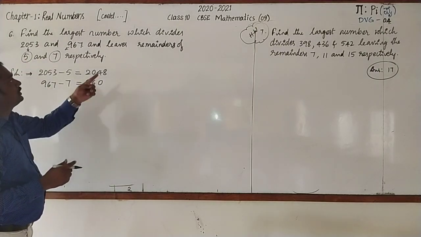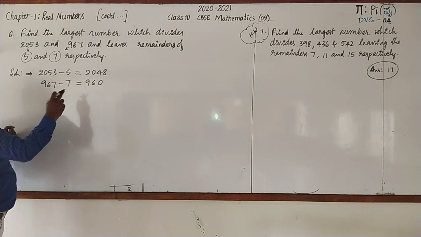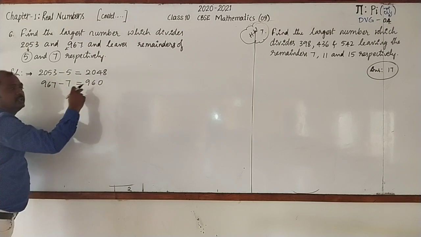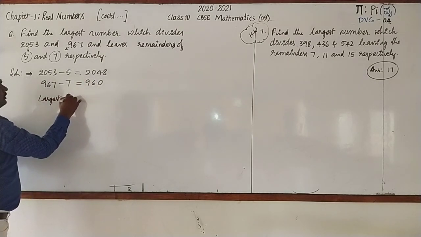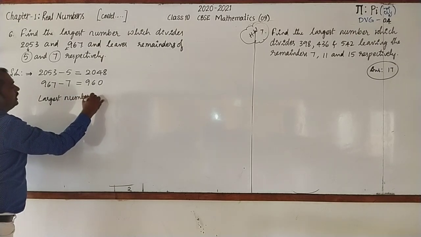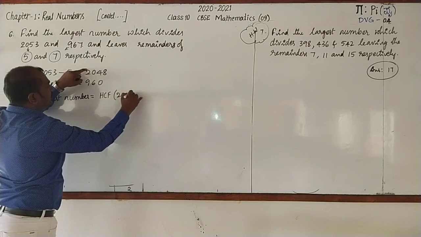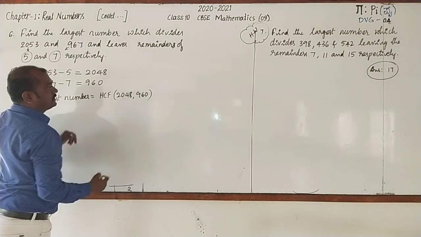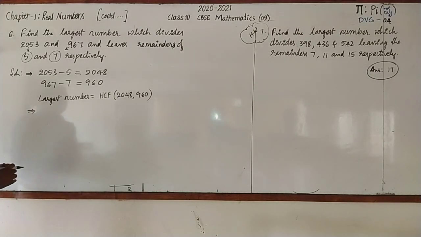If you want to find out the largest number which divides, the largest number will be the HCF of these two. Largest number is equal to HCF of 2048 and 960.